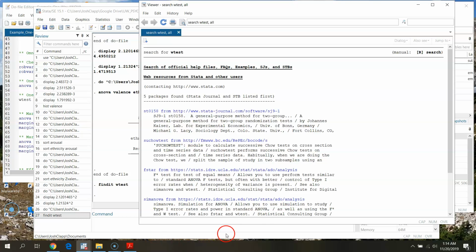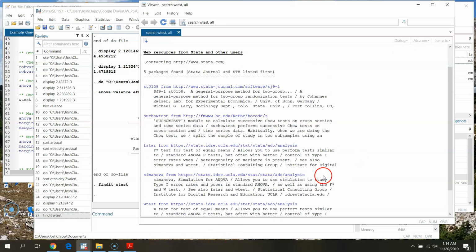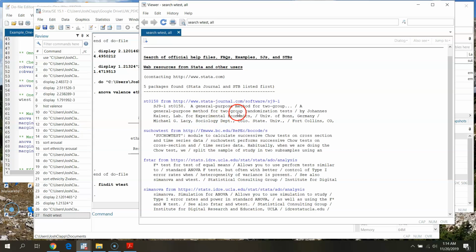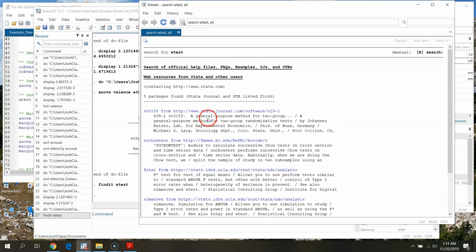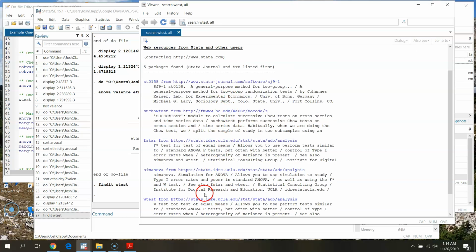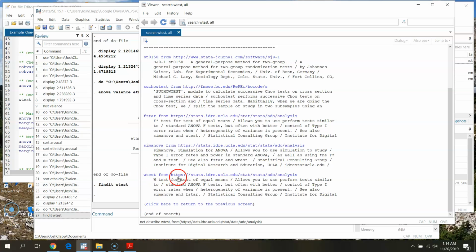If we scroll down, there it is, W test right here.